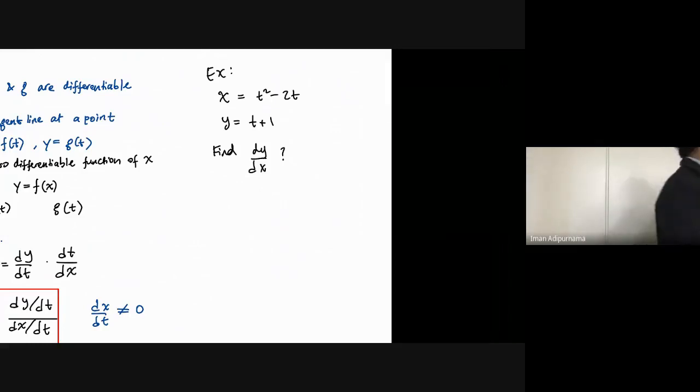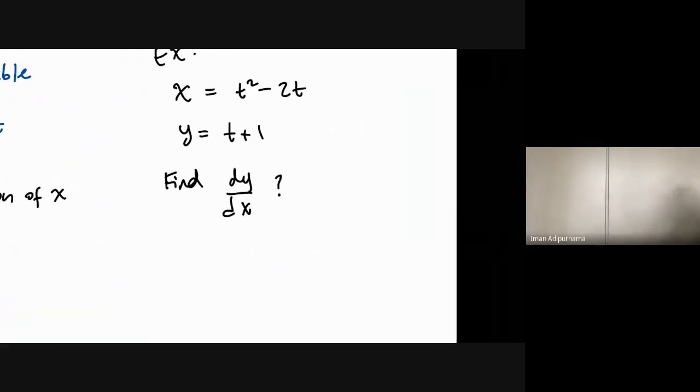To solve this, you can use two methods, at least two, because the equation is simple, not too complicated. You can substitute one of these equations into the other, solve in x-y relations, and find dy/dx easily. Or you can solve by parametric calculus, which I mentioned in the chain rule before.